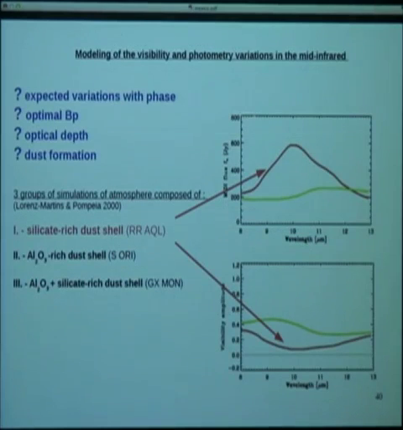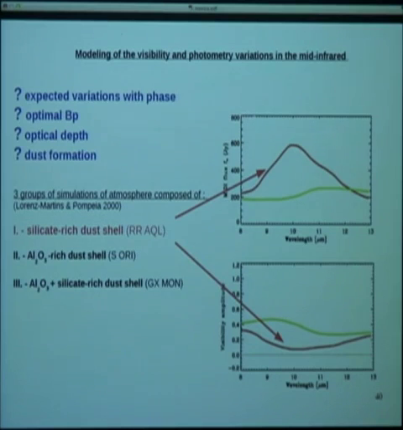We started with the modeling to better understand what we expect to observe. We would like to understand which variation we are expecting in the mid-infrared, which variation of the visibility, and which variation of the photometry.